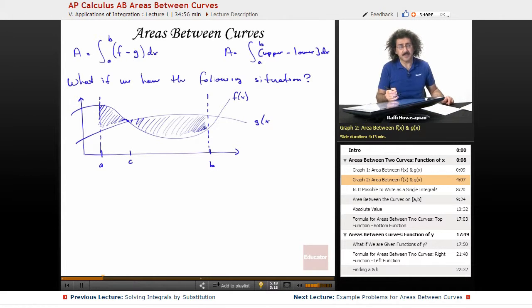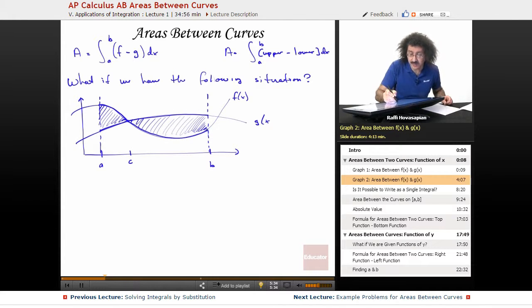However, from a to c, it's f that's on top and g that's lower. But from c all the way to b, now g is on top and f is the one that's lower, and we find the area by taking the upper function minus the lower function. So you have to split this up into two integrals.